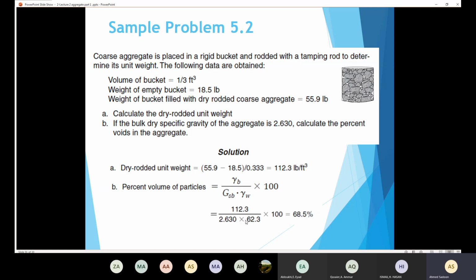This one from here, and this one from there. So this one represents the percentage of the solid. If this one is the percentage of the solid, that means the percentage of the voids is going to be 100% minus this percentage, which is 31.5%.